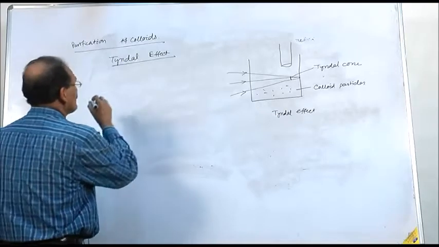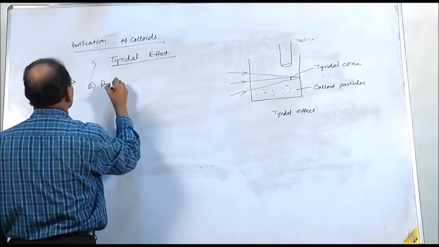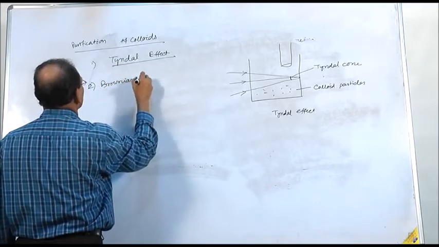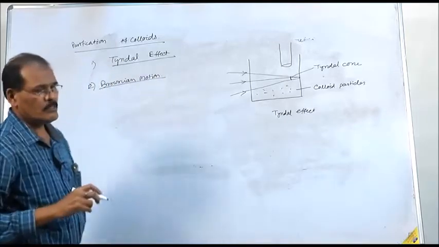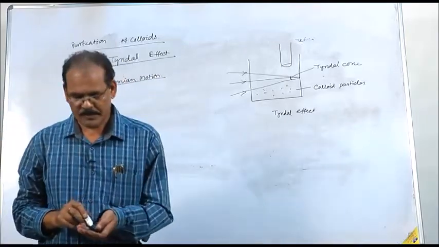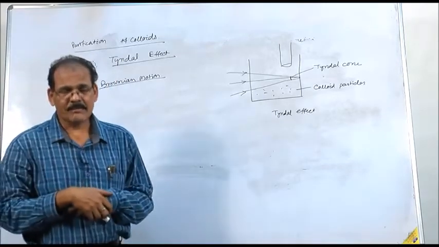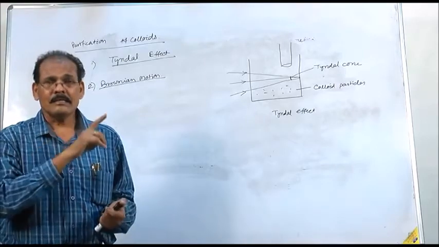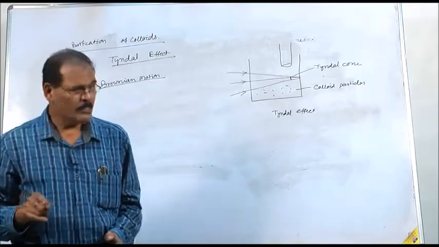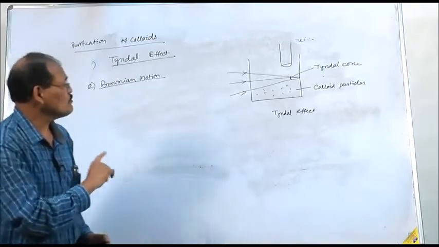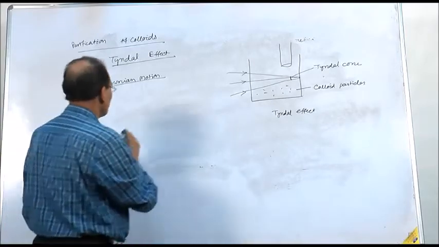Next is Brownian motion. As we have observed, gas molecules move hither and thither in a zigzag path. In a similar way, the colloidal particles also move in a zigzag way, in straight line directions.